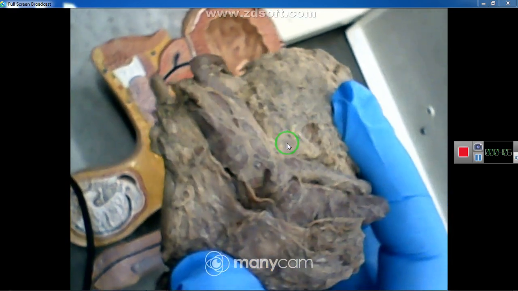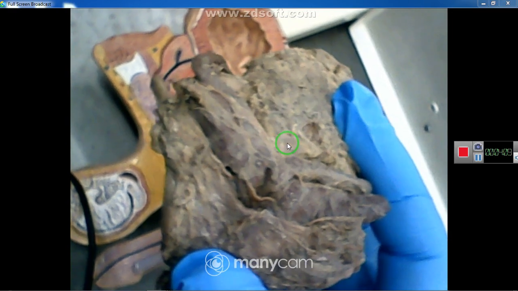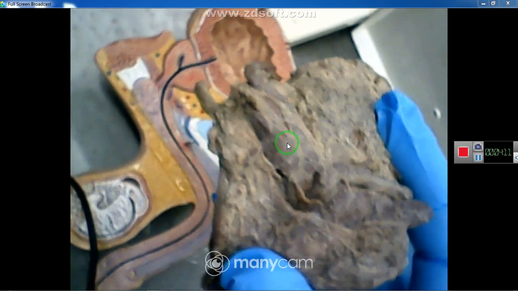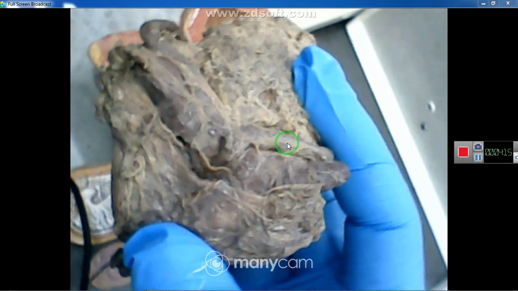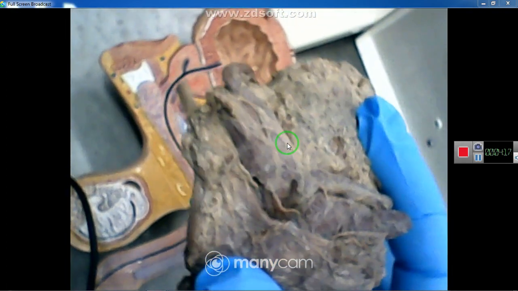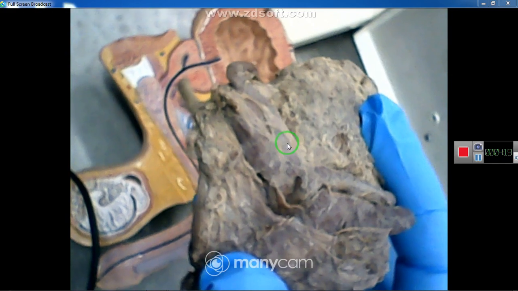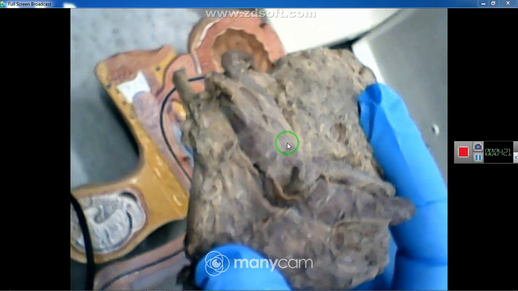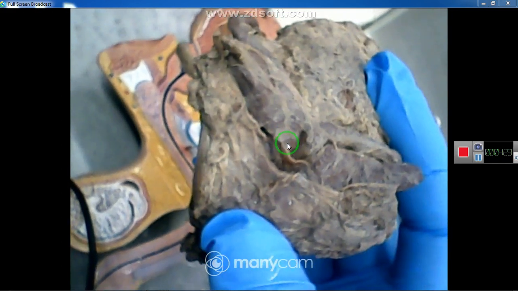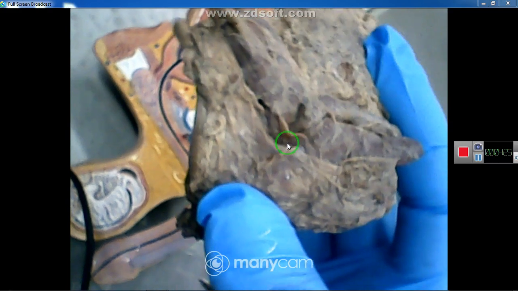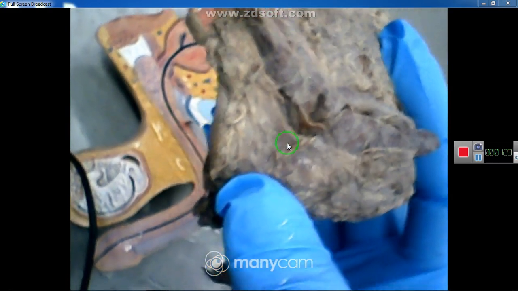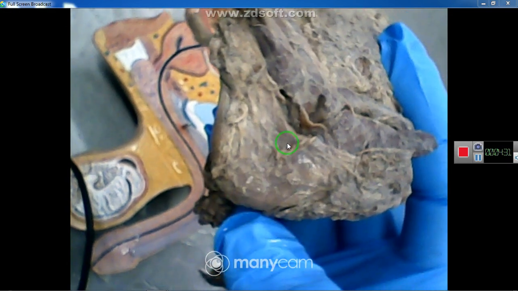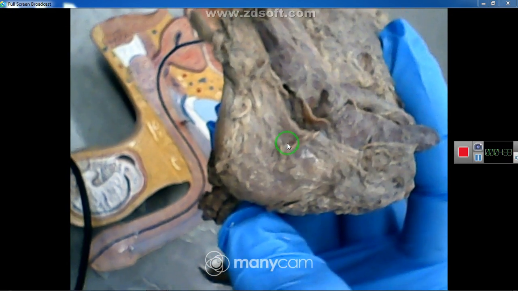So the back or the base of the urinary bladder is related to the bilateral seminal vesicles and the bilateral ampulla of the vas deferens. The ampulla of the vas deferens and the duct of the seminal vesicle unite here to form the ejaculatory duct that enters into the prostate, opening into the prostatic urethra.